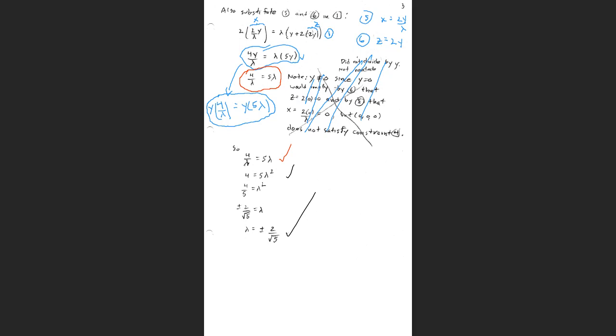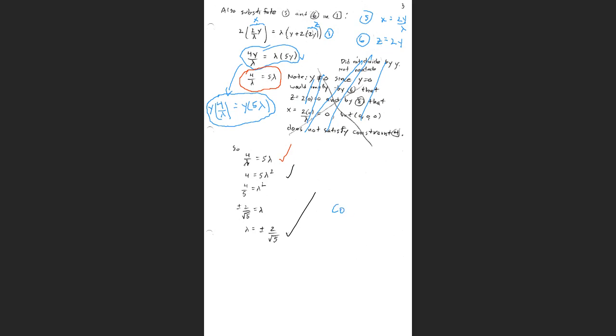Now what equation haven't we used yet of the 4 equations? We've used equations 1, 2, and 3, but we've not used the constraint yet. So let's just see where we're at here.